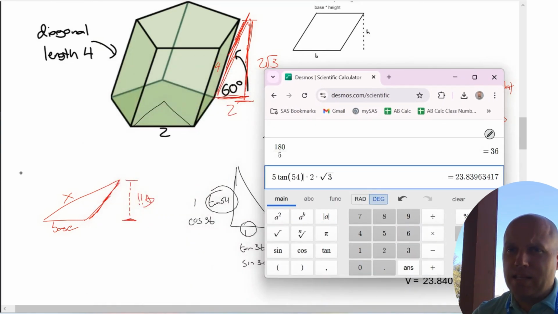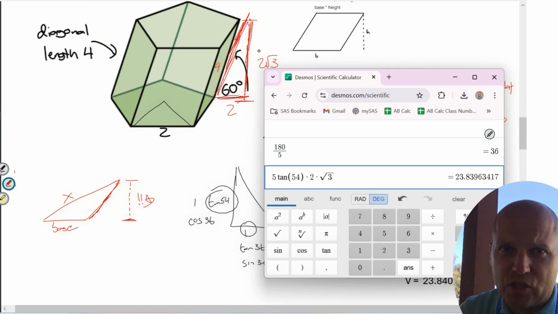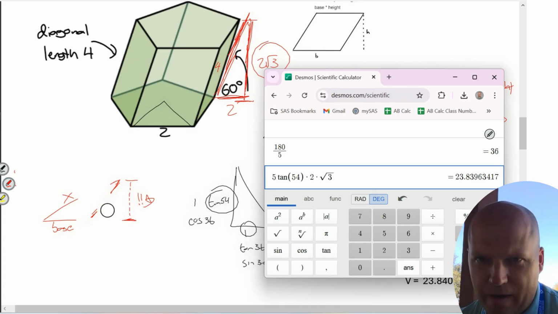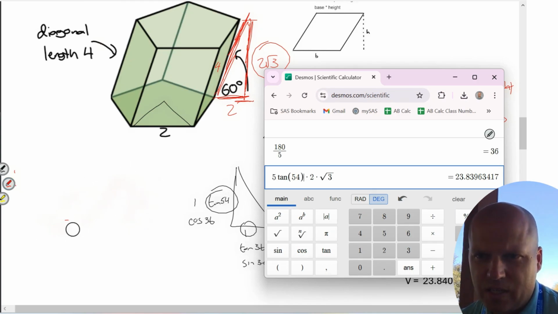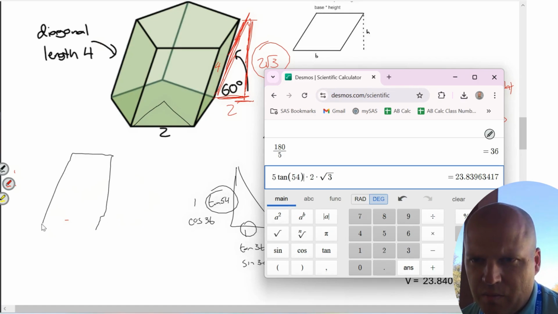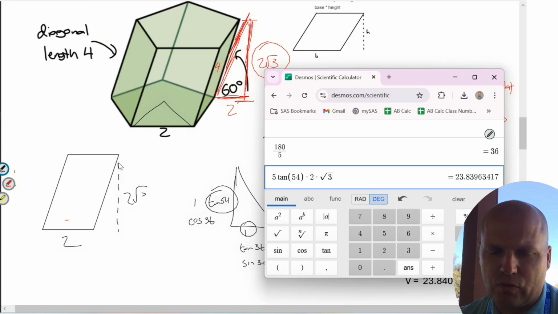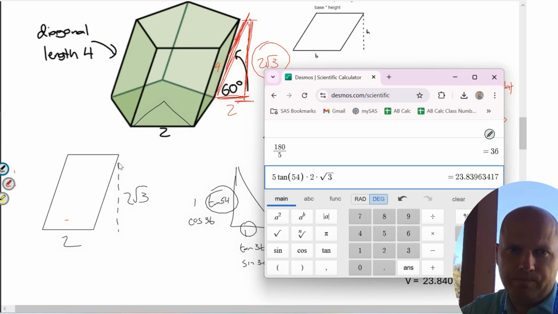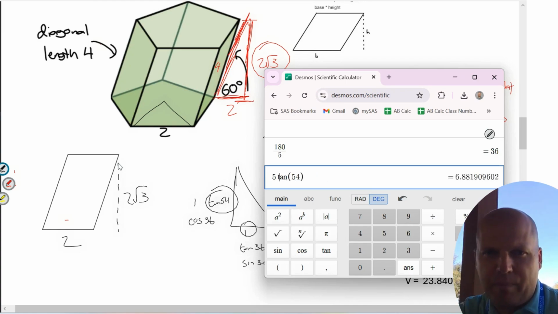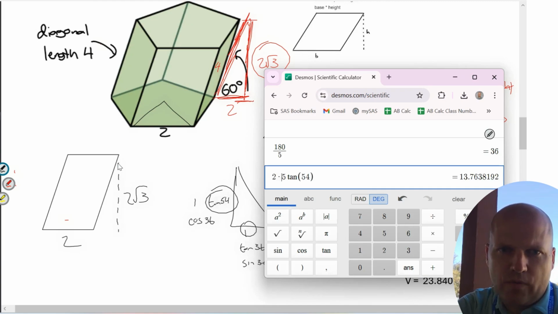For my parallelograms, I'm going to need this 2 root 3 again. I have parallelograms with this base length of 2. The height is also this 2 root 3. So we'll start with 2 of these areas of the bases.